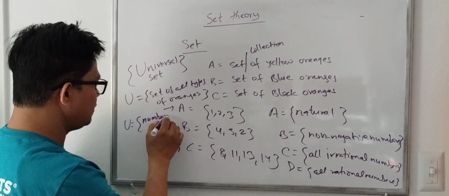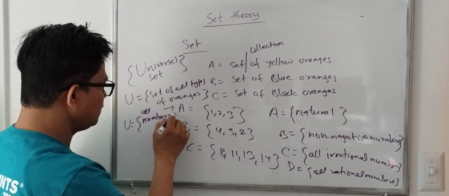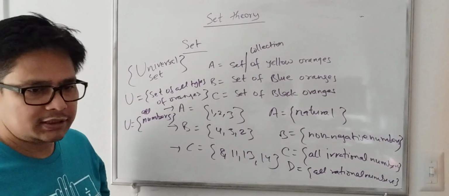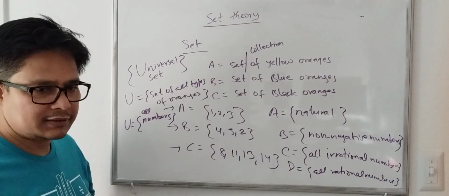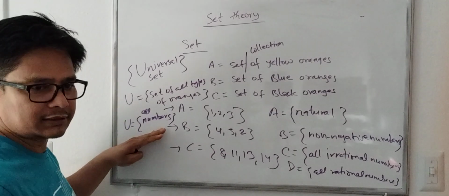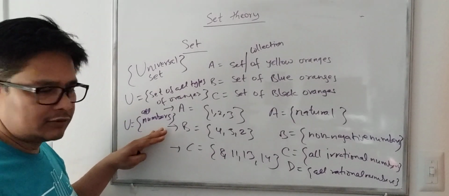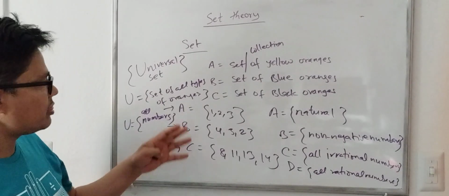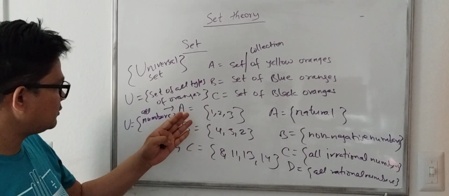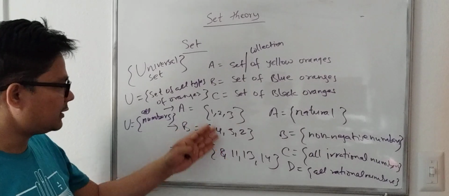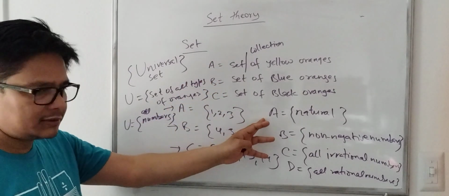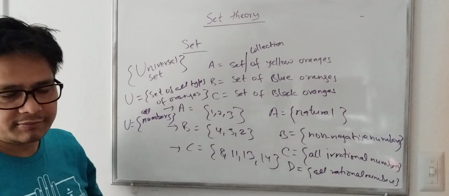All numbers you can write. Doesn't matter if it's rational, irrational, negative, positive, integer, fraction, anything. That's part of the universal set. So a universal set is a set containing everything. In this example, all types of oranges. For this example, all types of numbers.